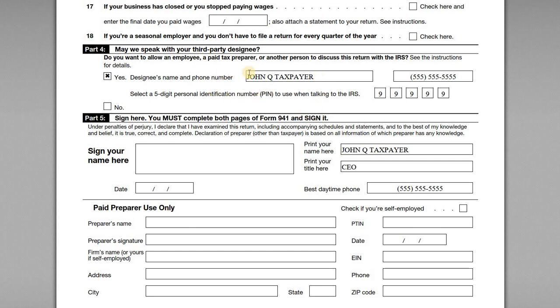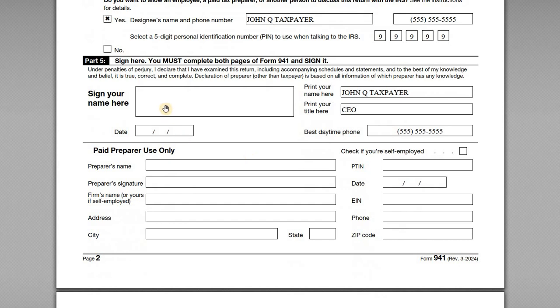A lot of times, a tax preparer might be entered here as a third-party designee, or if you've got a larger payroll, let's say a head of accounting might be an employee that can act as that third-party designee. Now, in Part 5, the return must be signed, dated, and then sent in to the IRS.